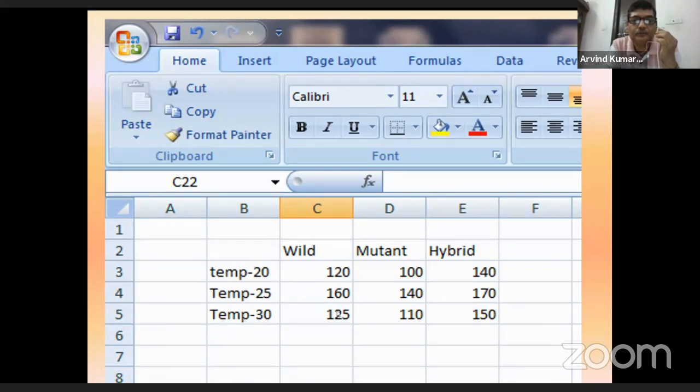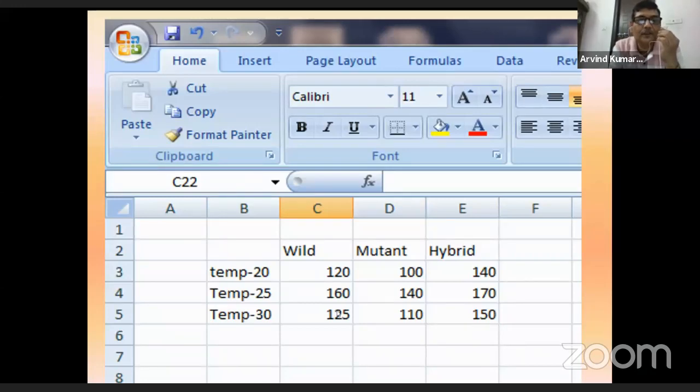So 3 different categories, 3 different columns are there, and the females have laid their eggs. We have counted the number of eggs laid by wild type females, mutant females, and hybrid females. Now we have reared those flies at 20 degrees Celsius, 25 degrees Celsius, and also 30 degrees Celsius.